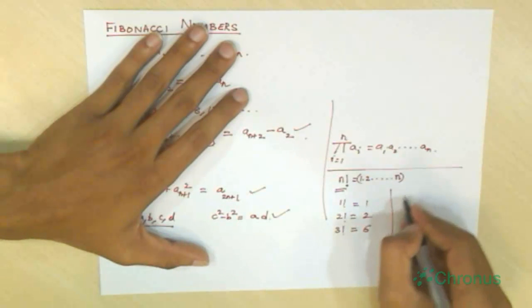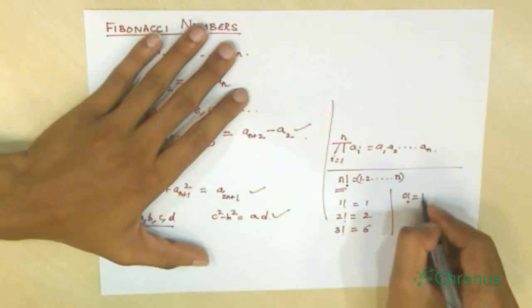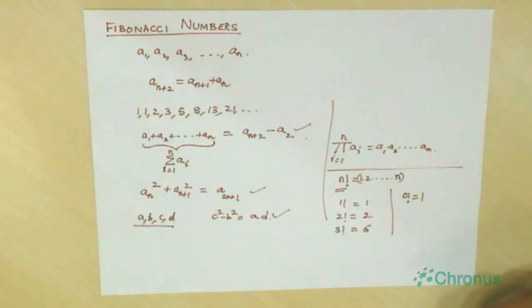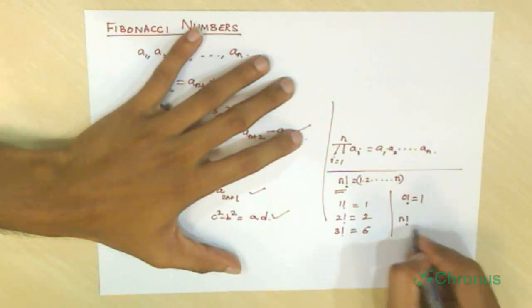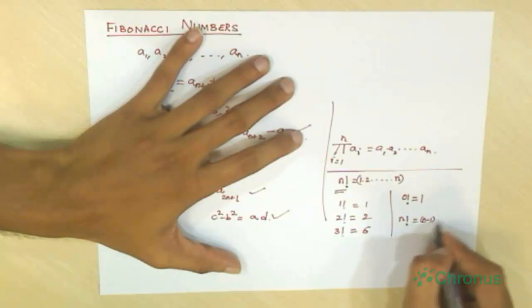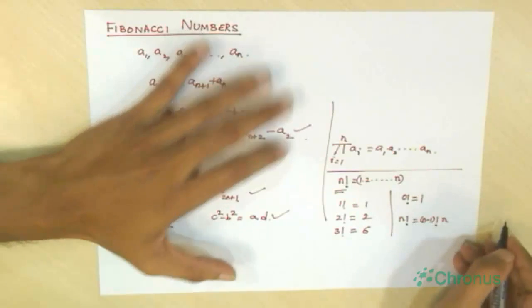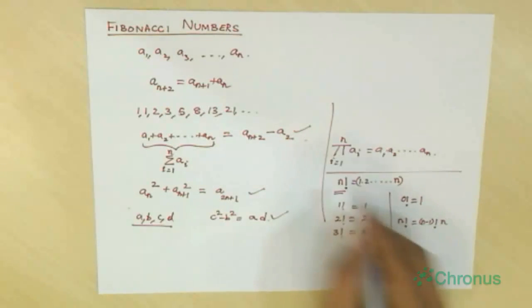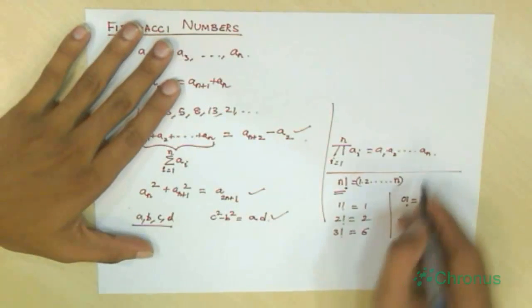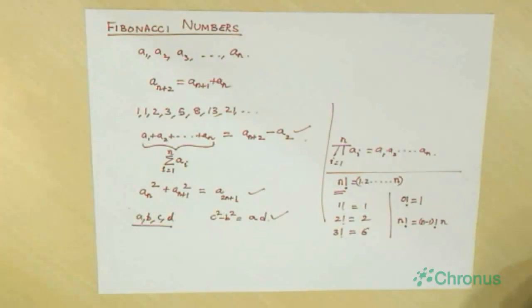And by definition, 0 factorial is 1. And one obvious thing which we can state is n factorial is nothing but n minus 1 factorial into n. And factorial is defined only for whole numbers, 0, 1, and other counting numbers.